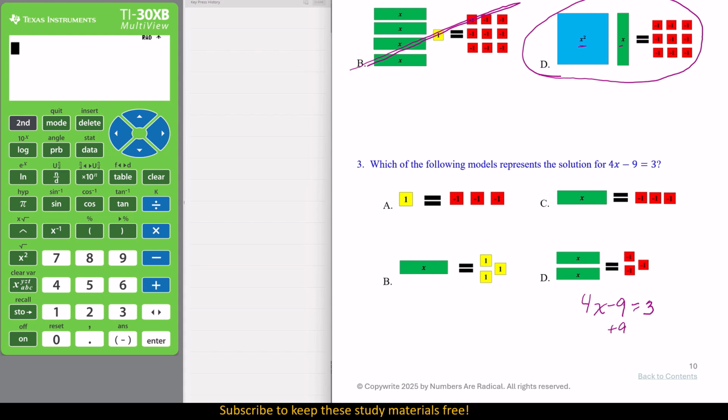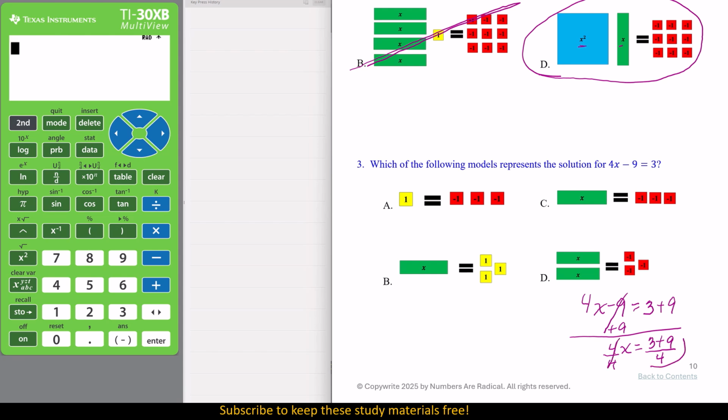So we have 9 here, and then I'm going to say plus 9 over there. This is eliminated. So now I have 4x equals, I'm going to leave the 3 plus 9. During a test, I don't calculate as I go.